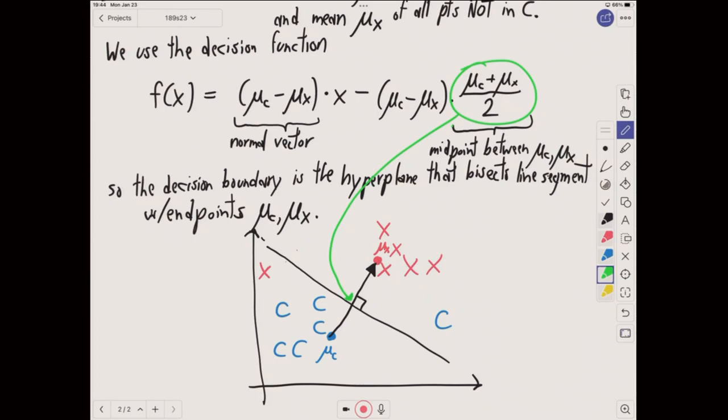If you have non-equal numbers of data points, like let's suppose that there are 100 times as many points in class C as there are in class X, I would still choose the midpoint halfway between mu C and mu X. The fact that the data points are not equal in number, or very, very unequal, doesn't really change the algorithm. We don't do it by looking at the number of points.